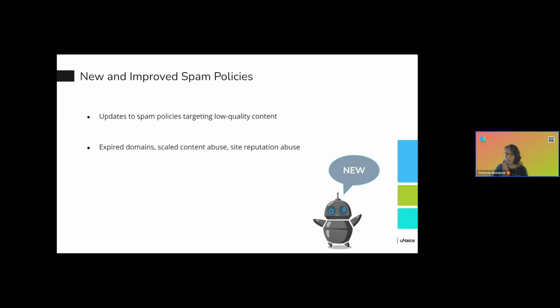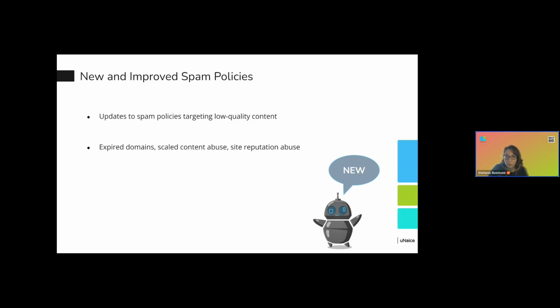Right. So now for the interesting part, the spam policies. So additionally to the actual core updates, so the algorithmic updates, there were policies that were now improved, and one that is new, which is specifically the one about the expired domains, if I'm not mistaken. So yes, we have expired domains, scaled content abuse, and site reputation abuse, which are the biggest levers this time around.